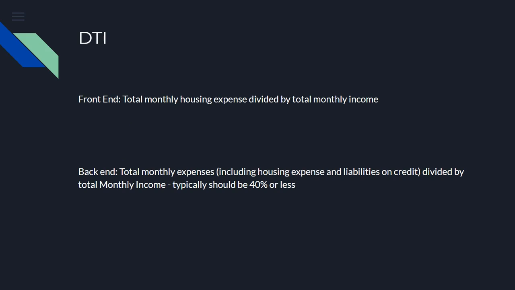Like your cell phone and light bills and things like that, we don't count because we technically don't know about them because it's not listed on your credit report, and we're not necessarily going to ask you for those items or that information.